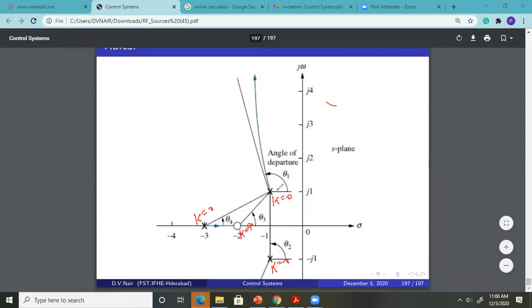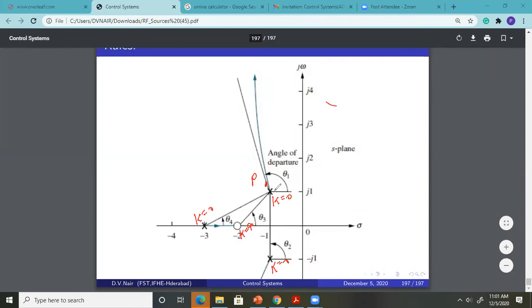What happens to these two branches is the question. Now, what I do, I take some point in the vicinity. Let us say I take some point in this vicinity of the open loop pole, and join all the open loop poles and zeros to that point of interest P, taken in the vicinity of this open loop pole.